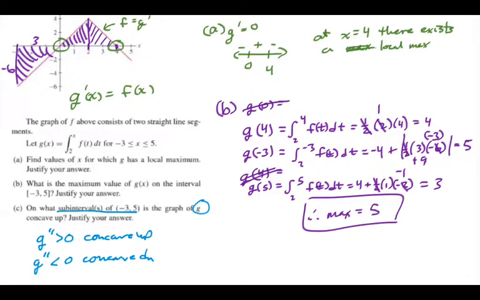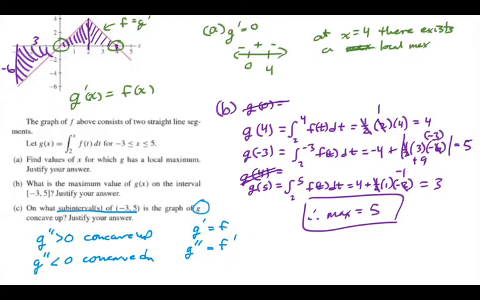Now, because we know that G prime equals F, that means the derivative of F, which is F prime, equals G double prime. And this is very important to state, because this is what justifies our answer here.